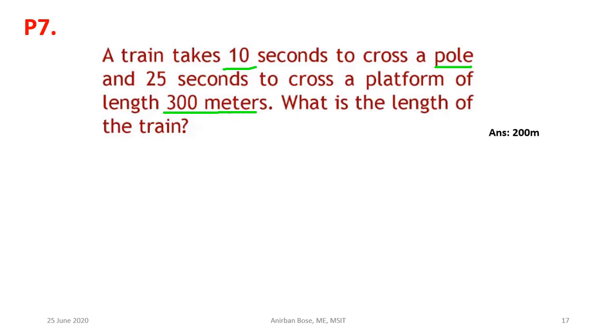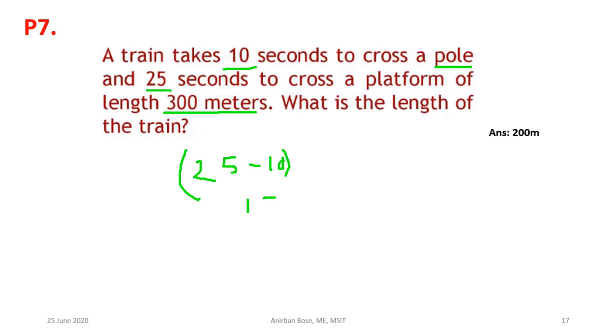So it is clear that in 25 seconds it covers extra the distance of the platform, that is 300 meters. So how much time will be taken by the train to cover this 300 meter distance? That is basically 25 minus 10. This is the time taken to cover a distance of 300 meters.